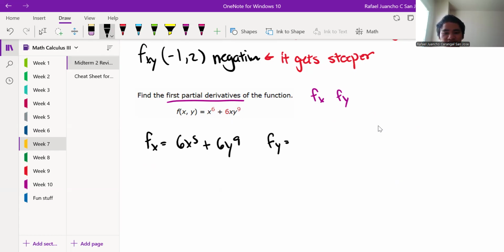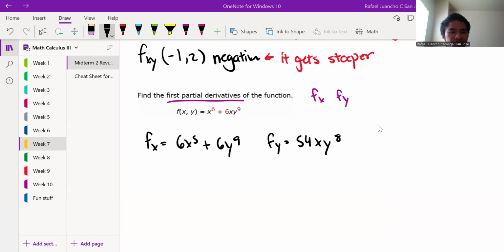So this is 6x, and then this is 54, because I bring down my 9. So 54 x y to the 8th. Nice, done. As simple as that. Okay, I'm not gonna get into the complicated thing anymore.